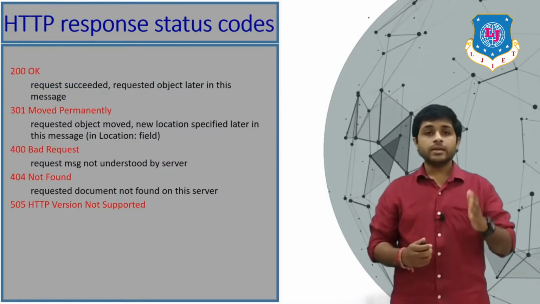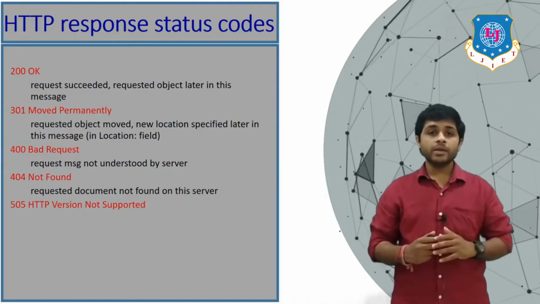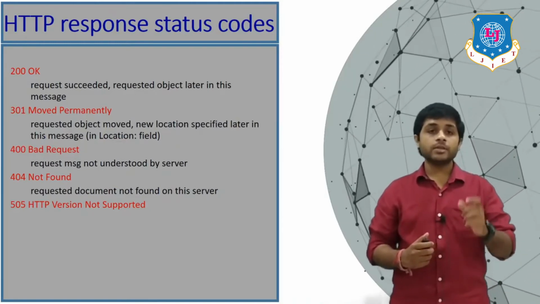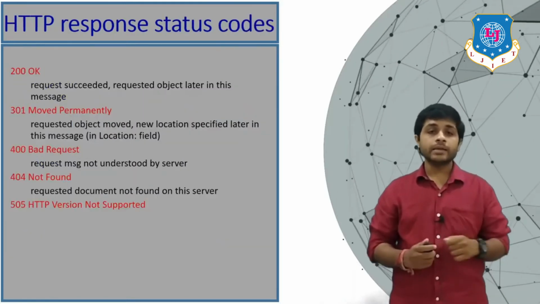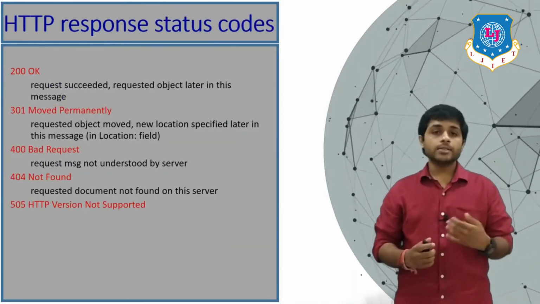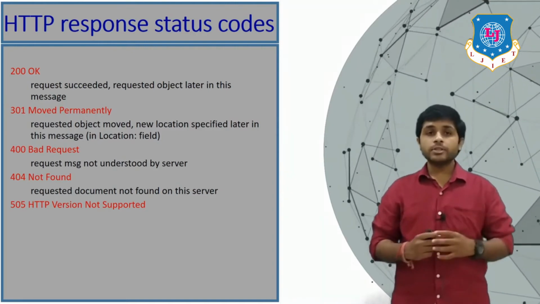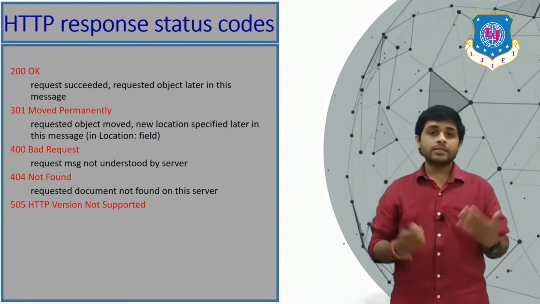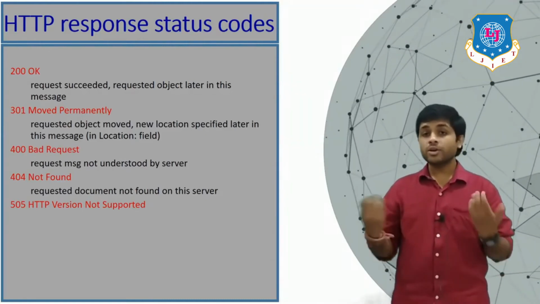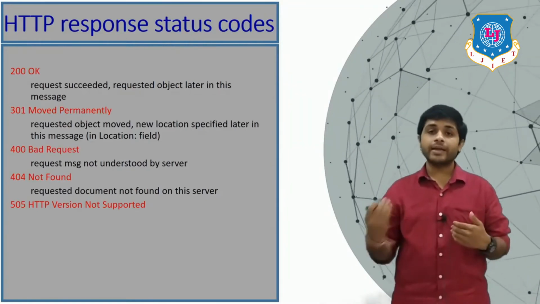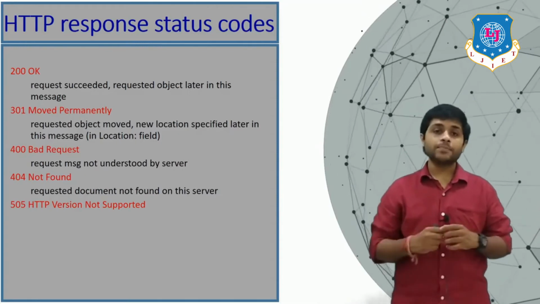So you can see that the code has different meanings. For example, if you receive the number 200 in the status line, it means that the request succeeded. If you receive 301, it means that the website has moved to another IP address or another location, so please retry and access using that particular IP address.